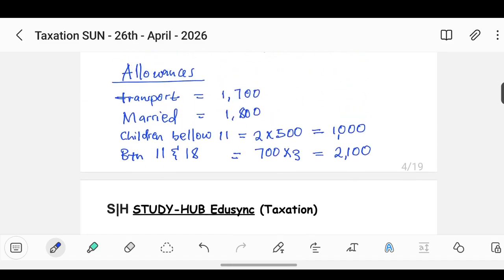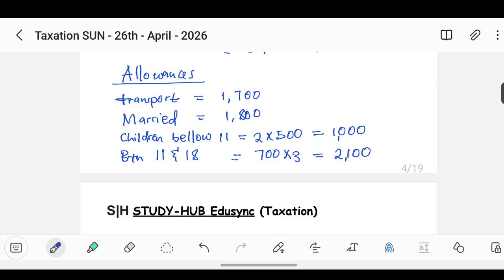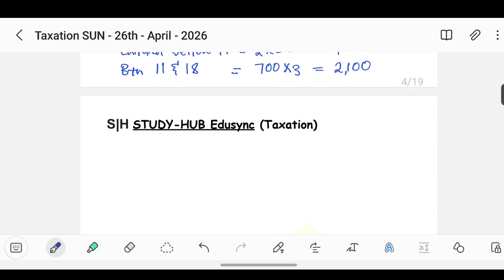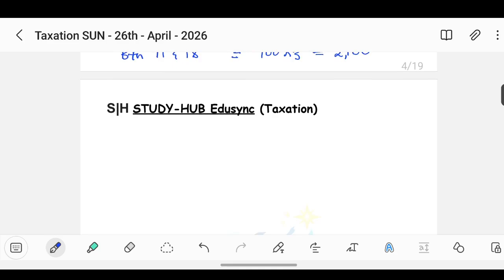After that, we are left with insurance. We go to the next page. So insurance, our insurance is 1,200 shillings.